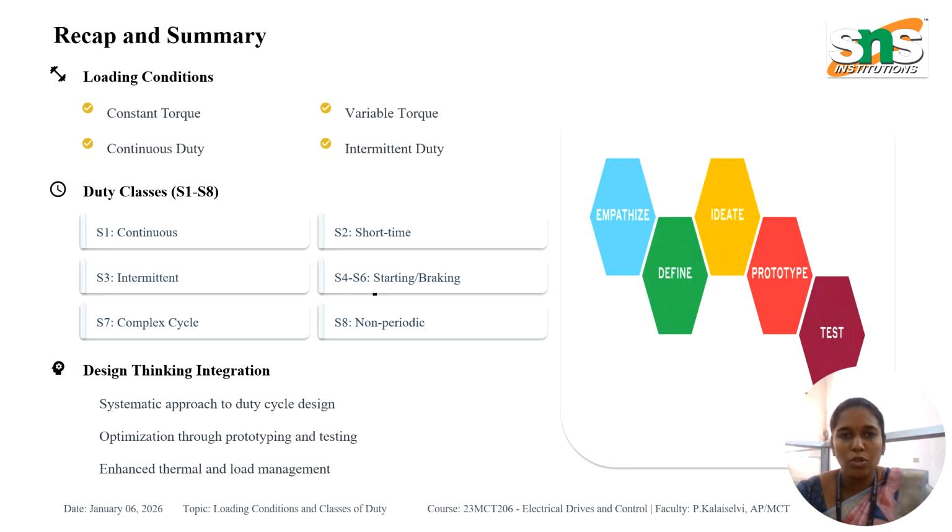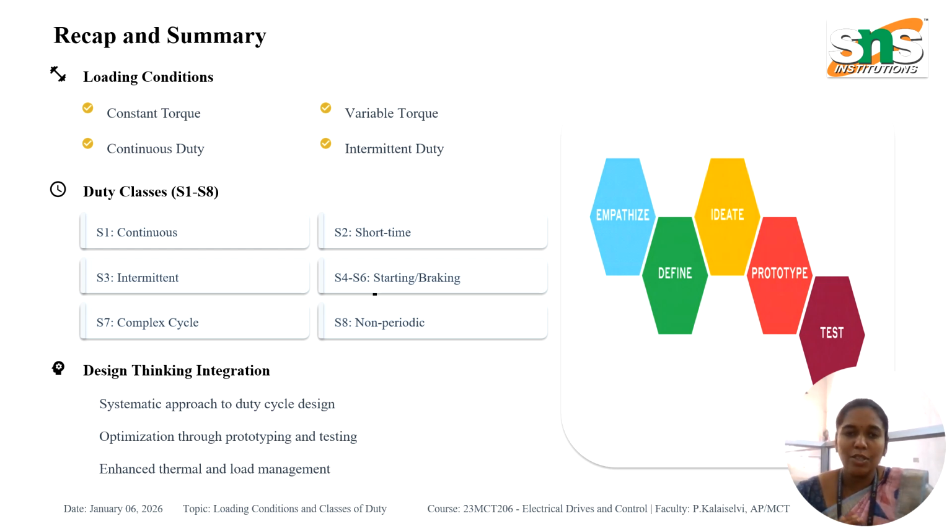Now coming to the summarization. Let us summarize the content. Loading conditions describe load variations with time. There are two main types of loads we have seen in the previous slides, that is constant and variable torque. There are 8 duty cycles, S1 to S8, which define the motor operation cycles.